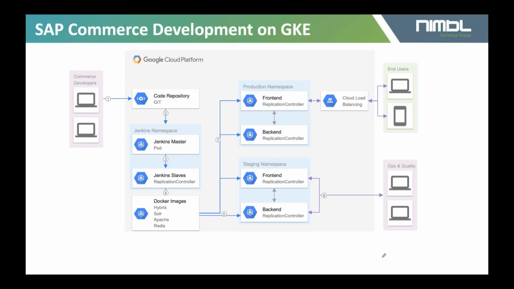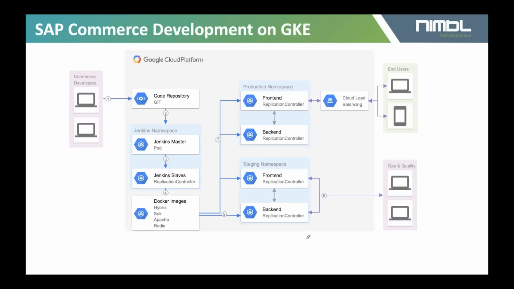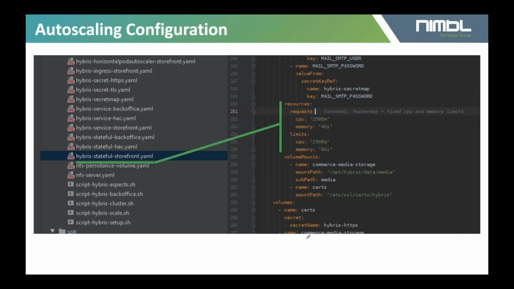That's a very similar environment here with Jenkins, being able to make modifications to our repository in Git inside of Google's Cloud repository, push those changes down to the Docker images, push that into a staging namespace, push that into a production namespace, and have our end users use it. So, a simplified development landscape. There is some minor configuration that we have to do here to make this work inside of the cloud-based repository. But I want to talk about the auto-scaling limitation because that's where everybody wants to go.